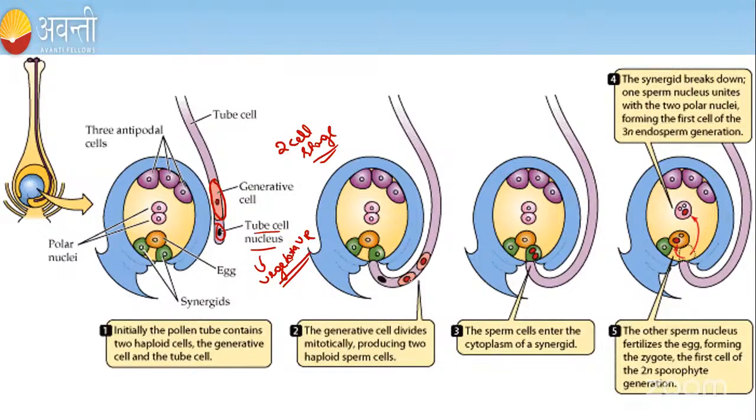The generative cell is going to divide mitotically and form the two male gametes, which fuse with the central cell and the egg. In the fourth point, the synergids will break down. One sperm nucleus unites with the two polar nuclei, forming the first cell of the 3N endosperm, and another unites with the egg.